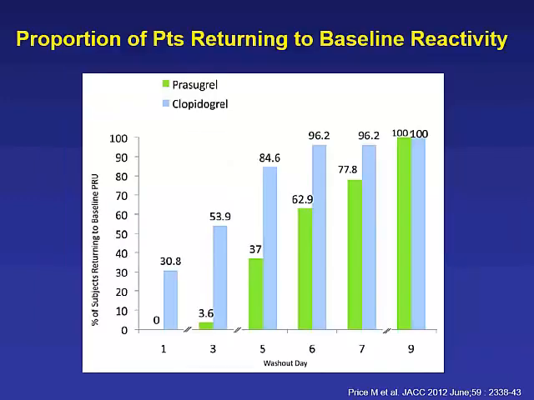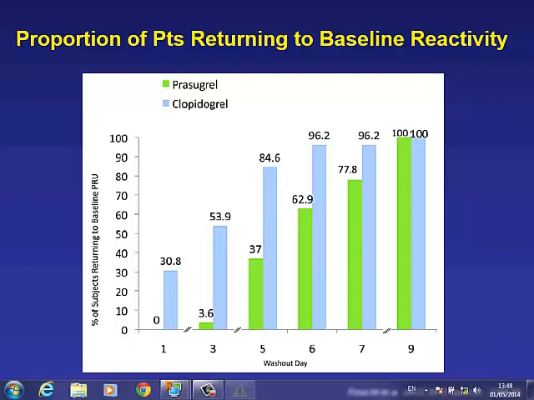This is the result of the RECOVERY study. Quite a complicated slide, but let me lead you through it. On the vertical axis, we see the percentage of patients with recovered platelet reactivity, and on the x-axis, the days elapsed from stopping medication. The result for clopidogrel is in light blue, and for prasugrel in green.